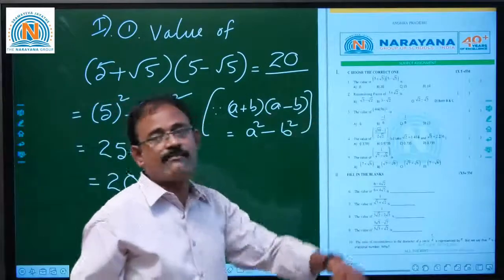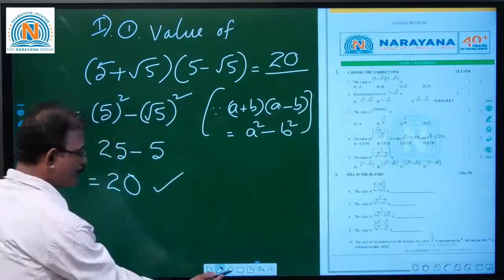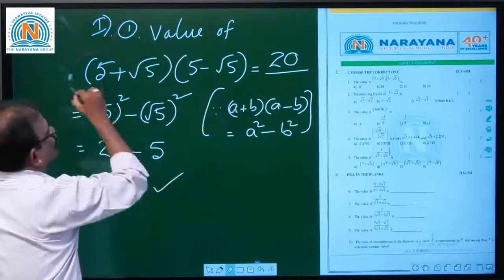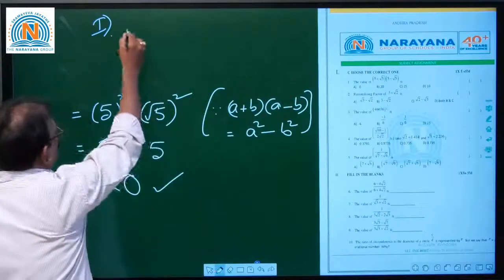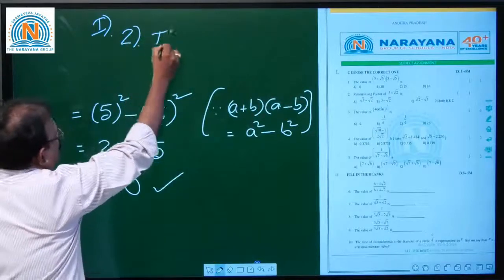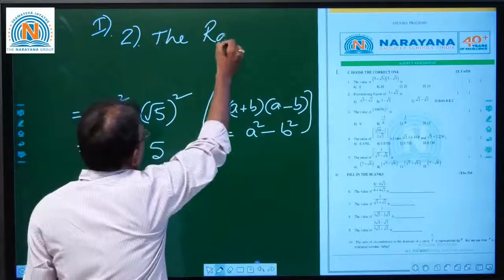What is the rationalizing factor of 3 plus root 2?